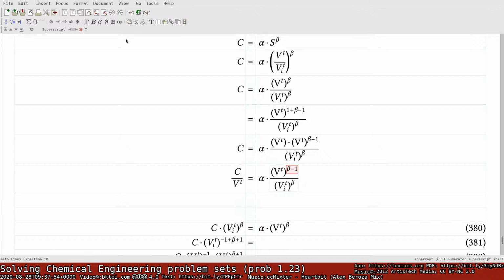I don't think GeoGebra is what I want. What was it? ChemE plot. Function, create Cartesian plot.